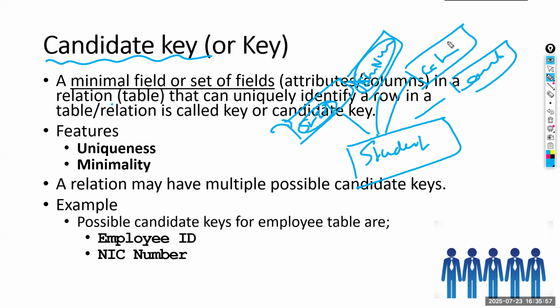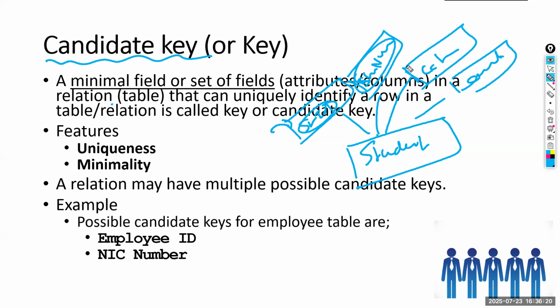But definitely the date of birth is not a candidate key because it is not going to be unique most of the time. Gender is not going to be a candidate key. Salary is not going to be a candidate. So candidate means possible.